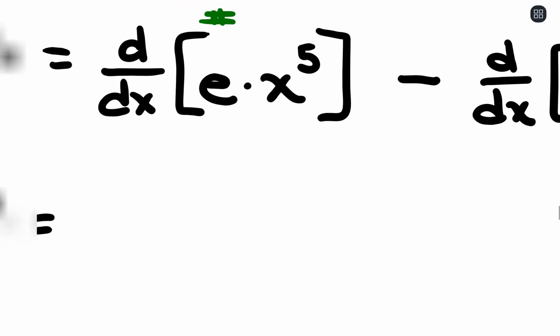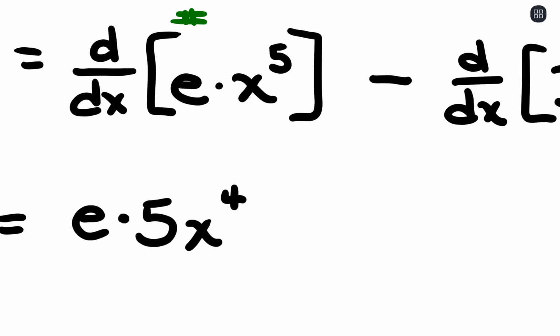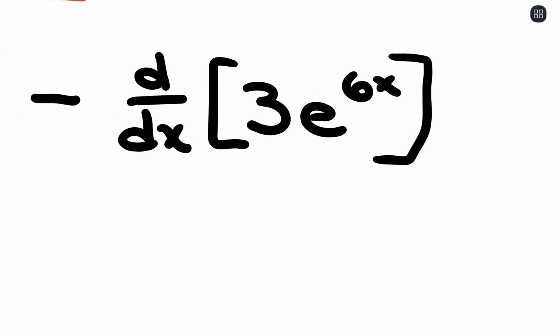So we're going to keep e multiplying. That exponent of 5 comes down, times x, and then 5 minus 1 to get an exponent of 4. And that piece is done. We can rearrange it a little bit to make it look nicer in the next step, but for now, that is perfect. Minus 3e to the 6x.